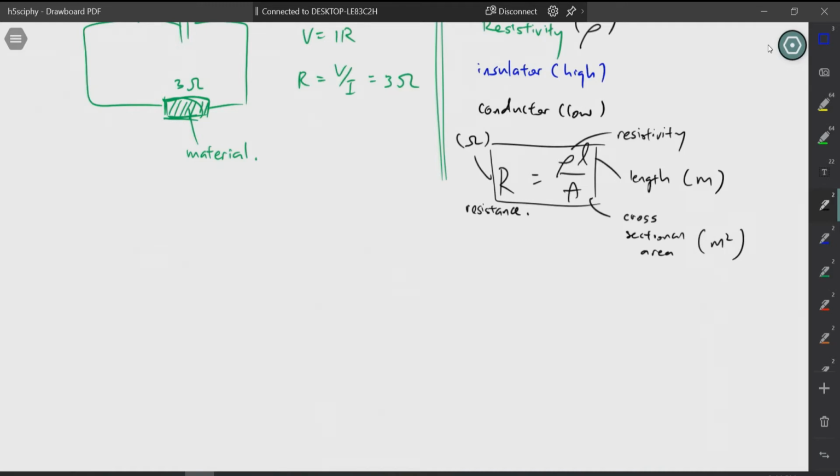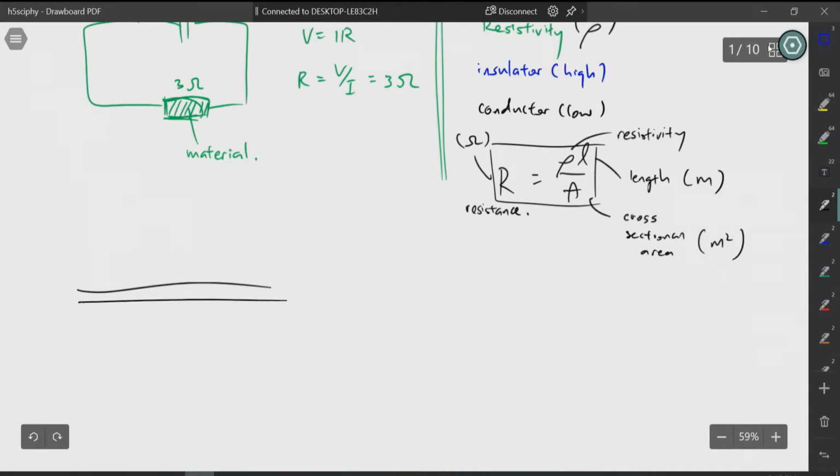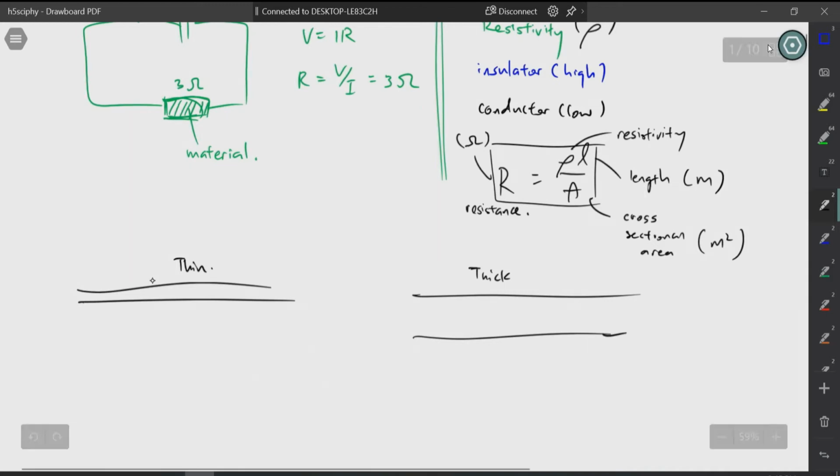Okay, so over here I have two wires. I have a thin wire, and I have a thick wire, right? You do know that when current flows, it's not one current doing the job, but we now know that it's a domino effect. So actually I have a lot of electrons flowing through it.